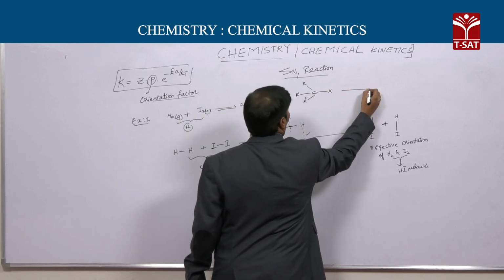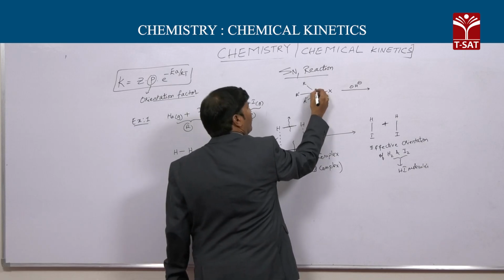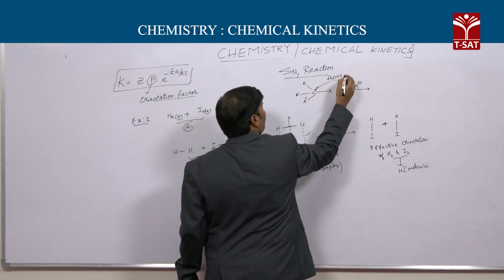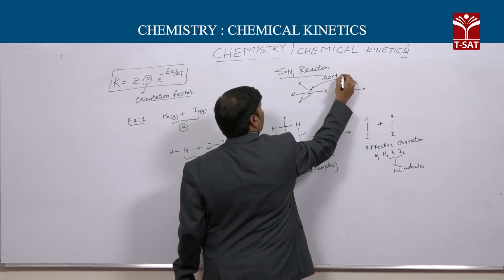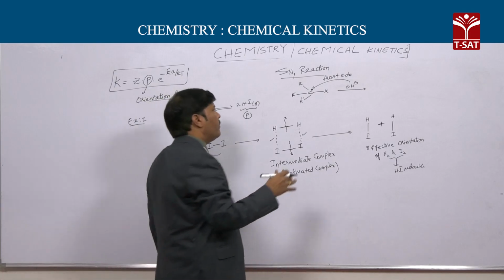The incoming nucleophile, if it is going to attack the stereogenic carbon from the front side, this is called front side attack, then you find that there is no question of any formation of products.